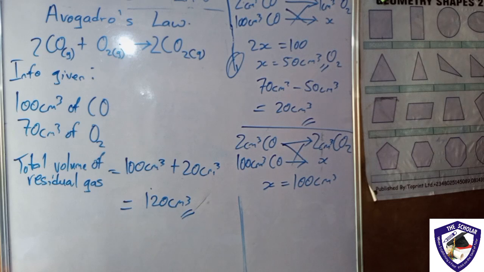Now let's move on to Dalton's law of partial pressure. John Dalton, the originator of the atomic theory, also studied the physical behavior of gases, and his experiment leads to what we call Dalton's law of partial pressure.